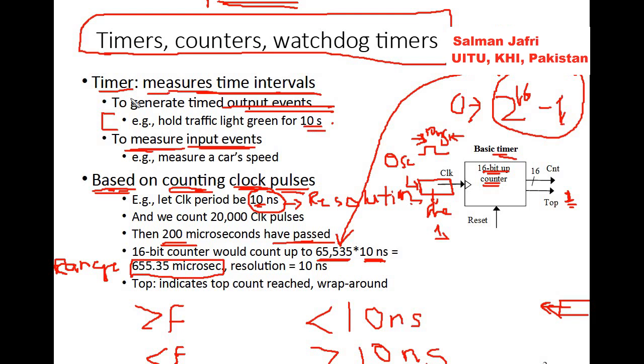And timers can also be used to measure input events. For example, we can measure a car's speed. How can we measure the car's speed? For example, we can have a sensor over here, and we can have a reflector, for example, over here. It might be a laser gun and a reflector. So it can count the number of reflections.